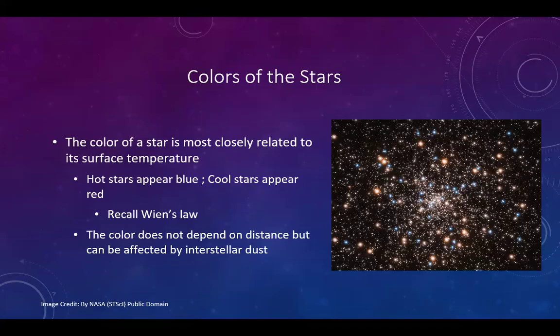So interstellar dust will scatter more blue light than red light, and it will redden the star. And if you've ever seen a dramatic sunset, that's the same effect. That's dust in our atmosphere scattering more blue light than red light and reddening the star, which is our sun in this case.